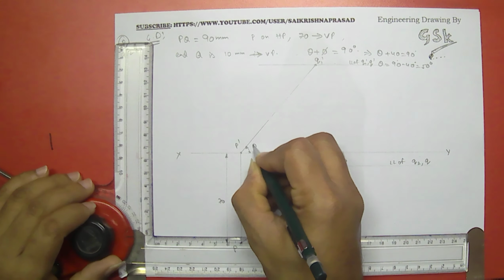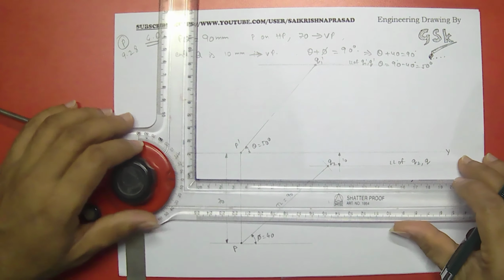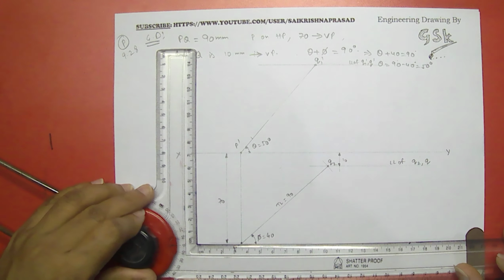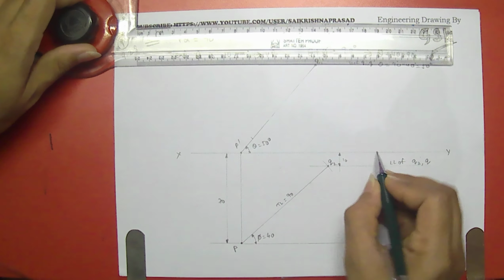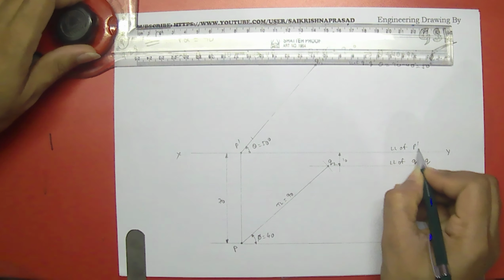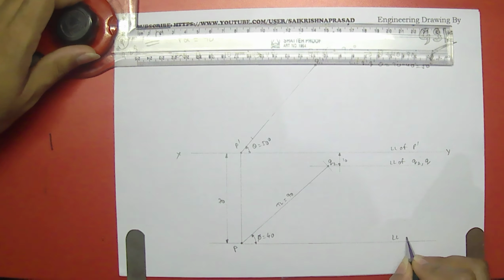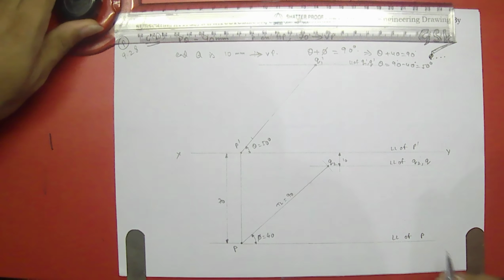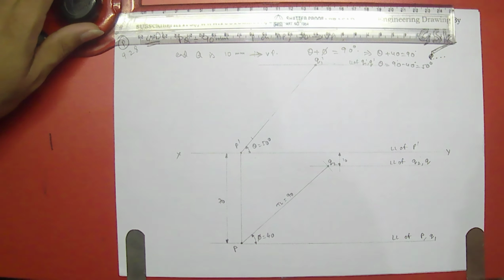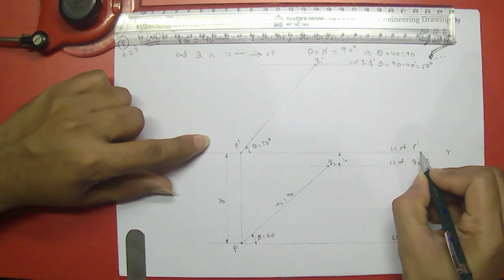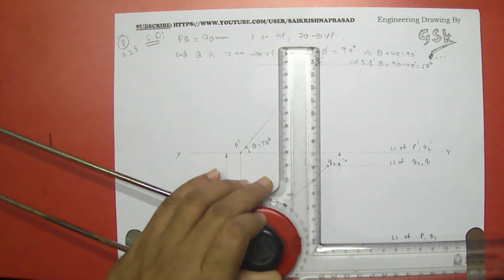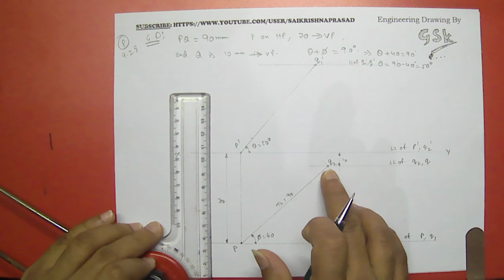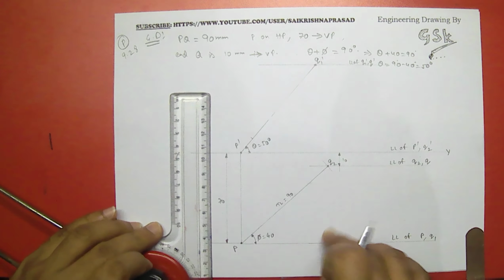Theta plus phi is equal to 90 degrees for this type of conditions. Next, I have to draw the locus line of this also, and this is the locus line of P dash, and this is the locus line of P comma Q1, and this is P dash comma Q2 dash, right?